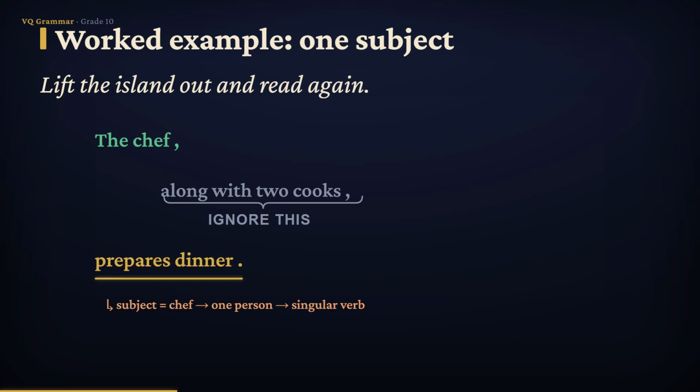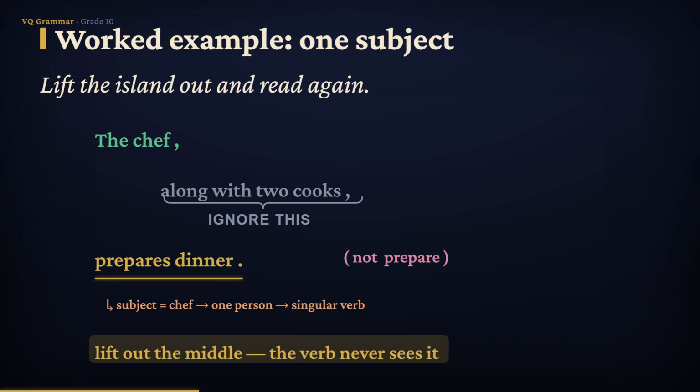So we need the singular verb, prepares, wearing the S. Your ear may want prepare because cooks is standing right beside the verb, and cooks sounds wonderfully plural. But cooks is not the subject. Cooks is a passenger. Lift out the middle and read what is left. The chef prepares dinner. Perfect.